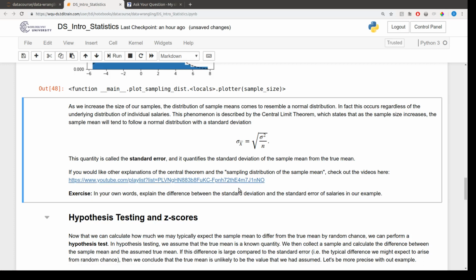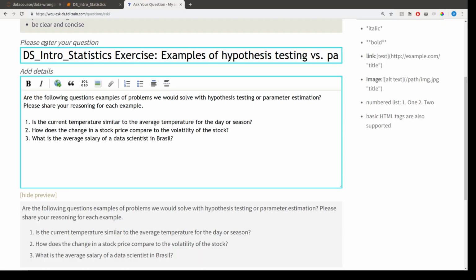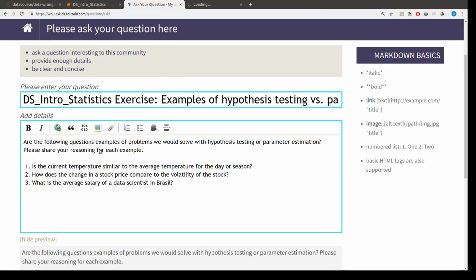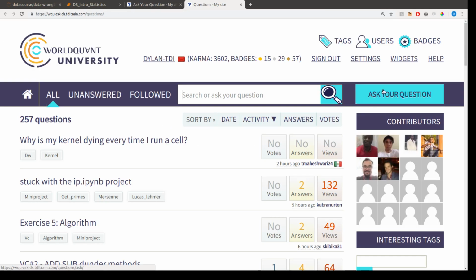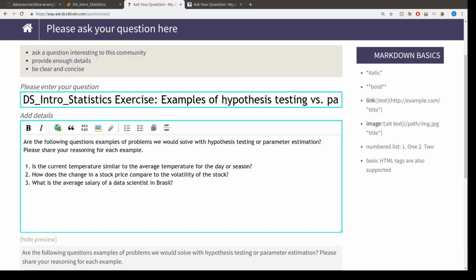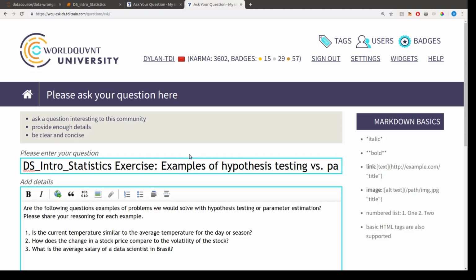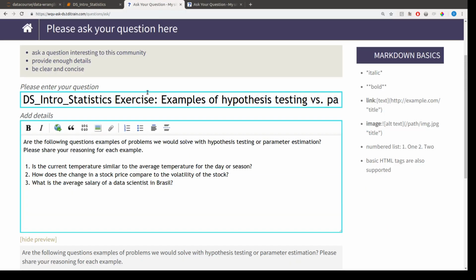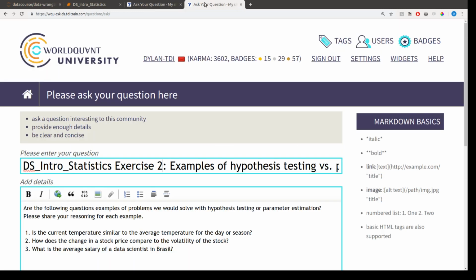So we have arrived at another exercise, which I will create another question for on the discussion board. So you can see I'm waiting until I post these lectures before I actually submit the question. So DS Intro Statistics Exercise 2, Exercise 1.